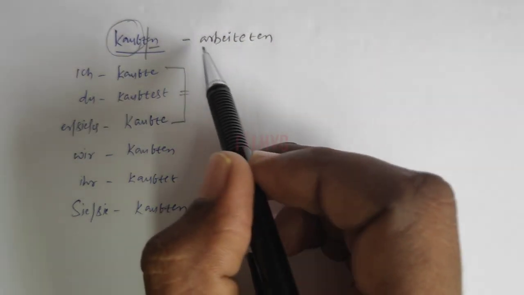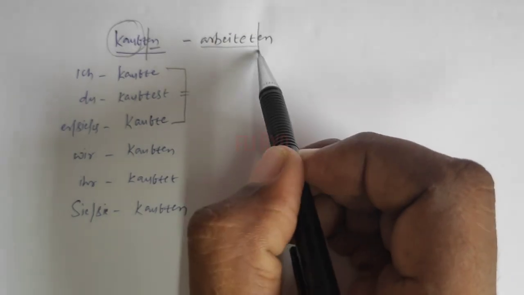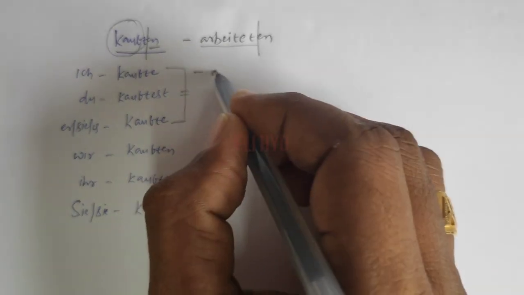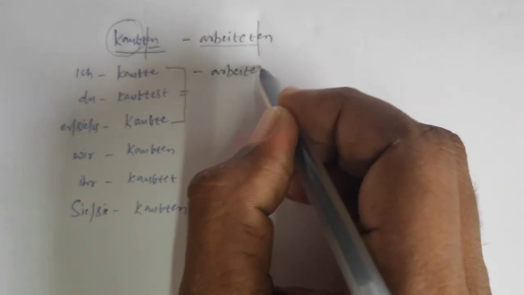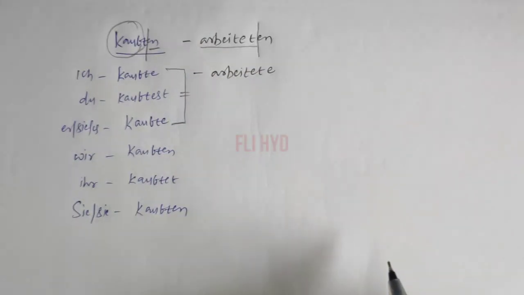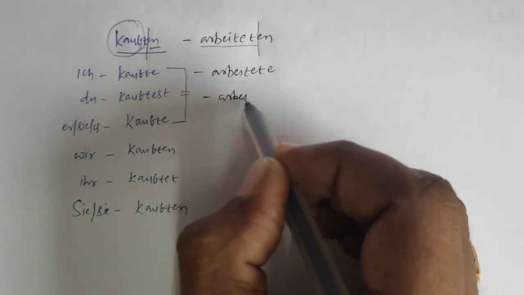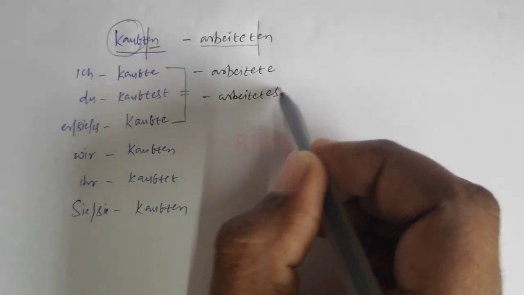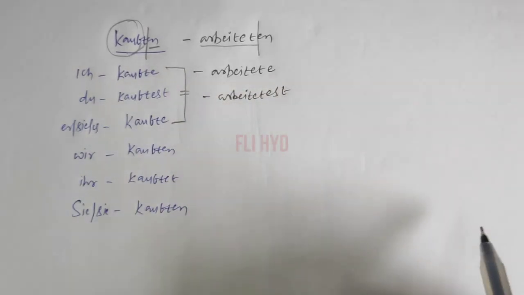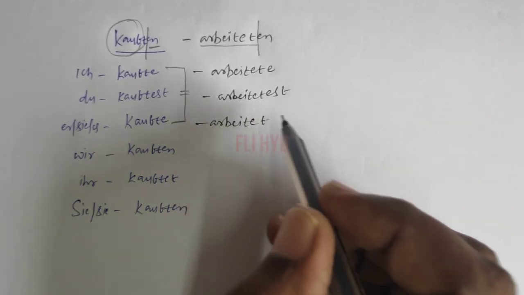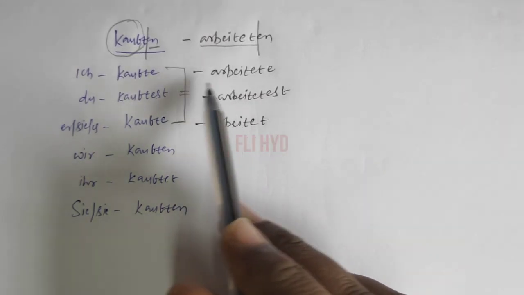Next one, arbeiten. Arbeiten past tense: arbeiteten. What is the stem now? Arbeitet. Now the conjugation: ich, the stem is arbeitet, and the ending will be e. So ich arbeitete. Du, stem arbeitet, then ending est. So du arbeitetest. And er, as I told you, in the past tense the ich and er forms will be the same.